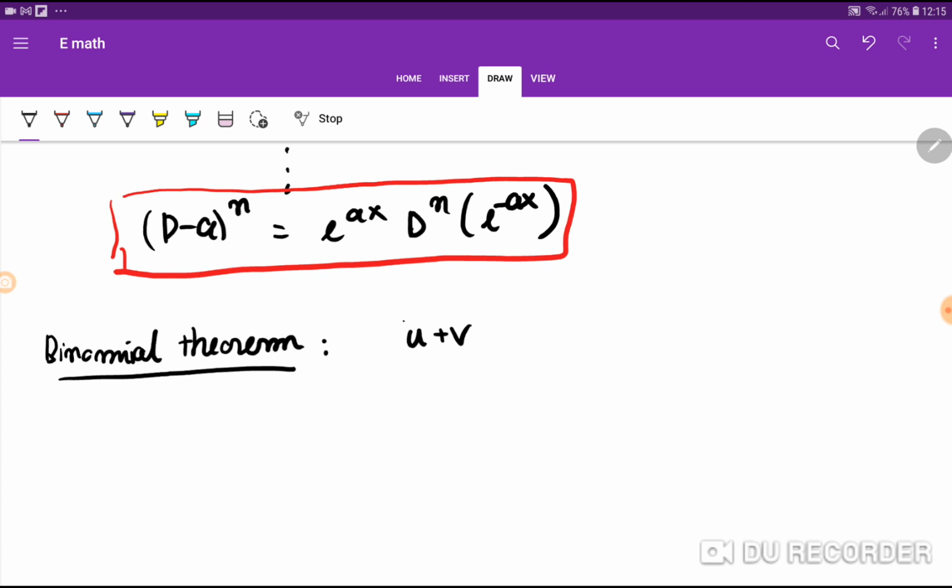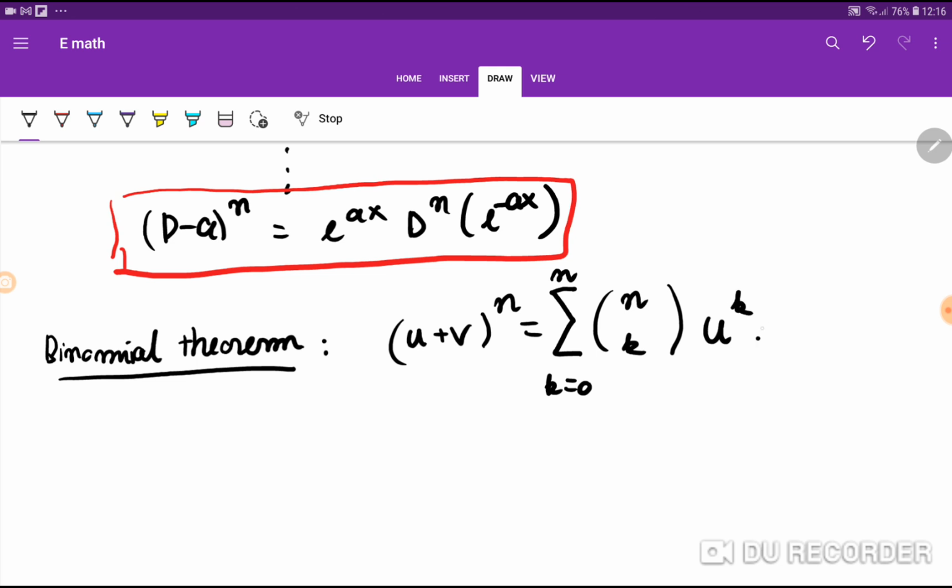It says that (u + v)^n equals the summation from k equals 0 to n of n choose k, u to the power of k times v to the power of n minus k.